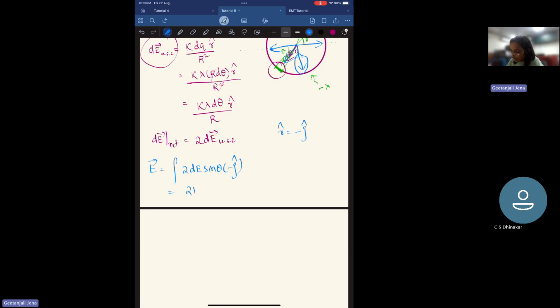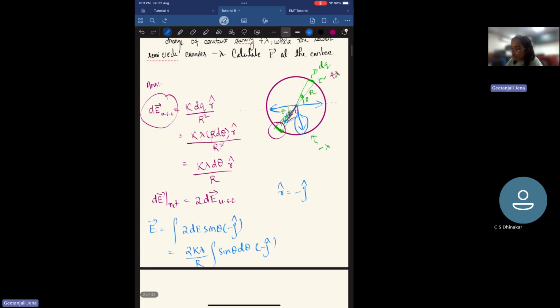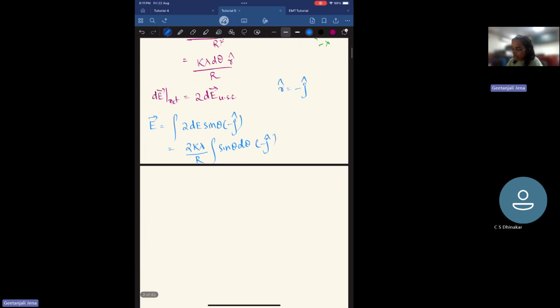So just put the value of dV. We have sin theta d theta minus Jk. And because we have already taken 2 times of electric field, that is, we have considered this element, also this element, the theta integration will be from 0 to pi.